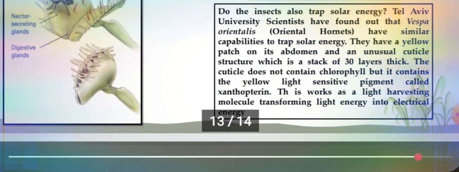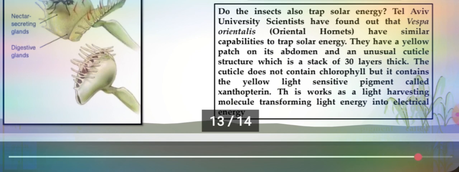How? They have a yellow patch on the abdomen. So there is a yellow patch on the abdomen of these oriental hornets or Vespa orientalis, and they have an unusual cuticle.